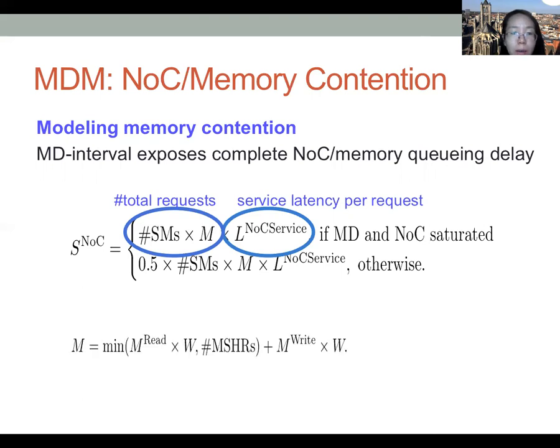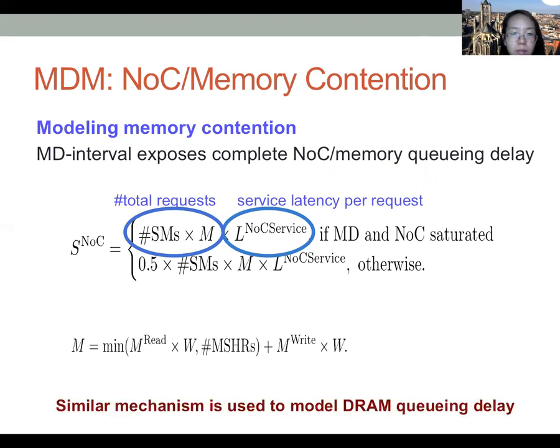The equation for M is shown below. In particular, the number of read requests on each SM is bounded by the number of MSHR entries, while write requests can bypass MSHRs. We use similar mechanisms to model DRAM queuing delays.